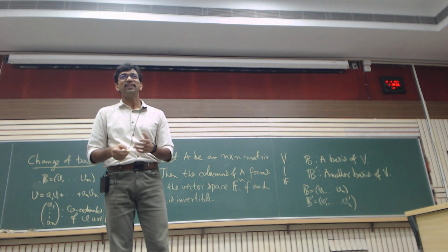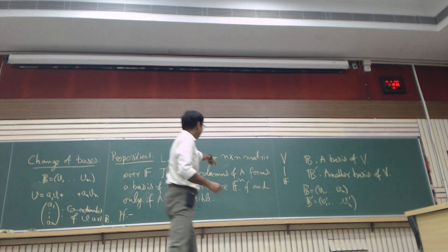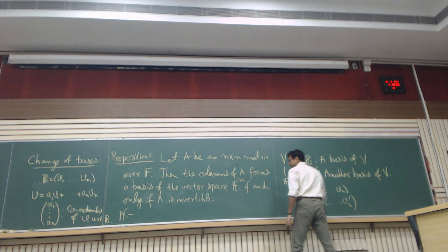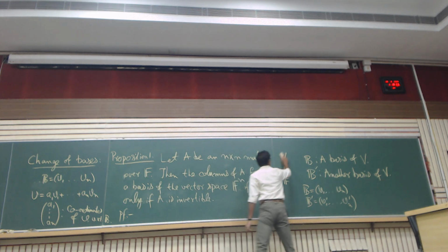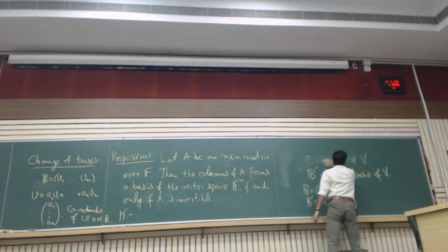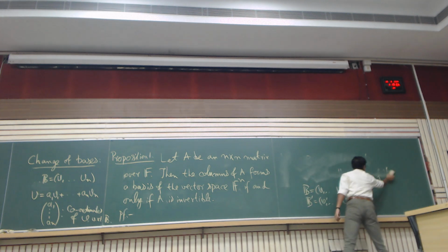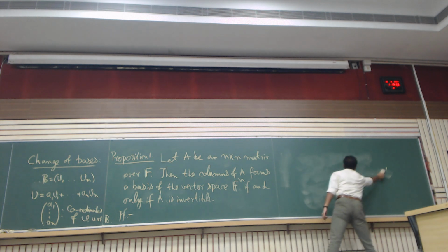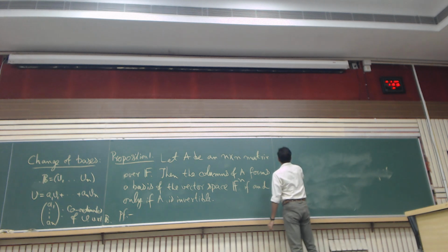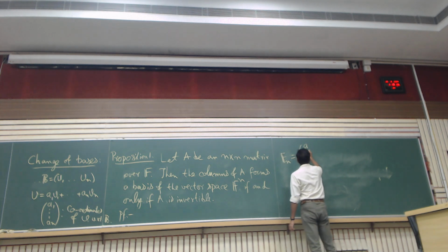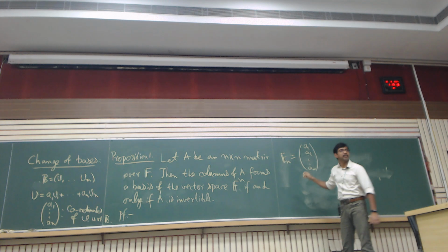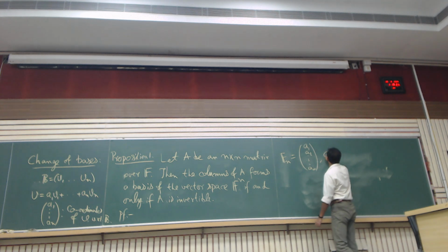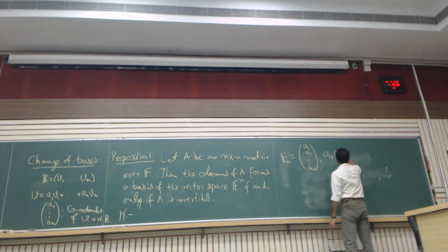Okay. So you know this Fn, how does it look? These are A1, A2, dot, dot, dot, An, and all these Ai are from the field.